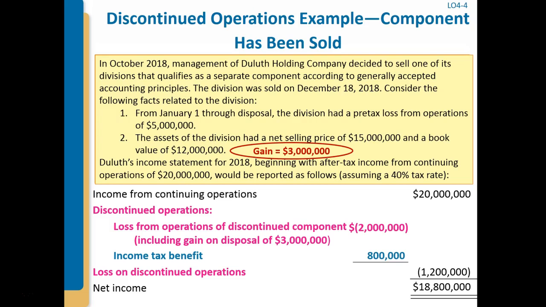Now, on the other hand, suppose Duluth's division had a pre-tax loss from operations of only $1 million and still had a gain on disposal of $3 million. In this case, the combined amount of $2 million represents income from operations of the discontinued component, and the company would have an additional income tax expense of $800,000.